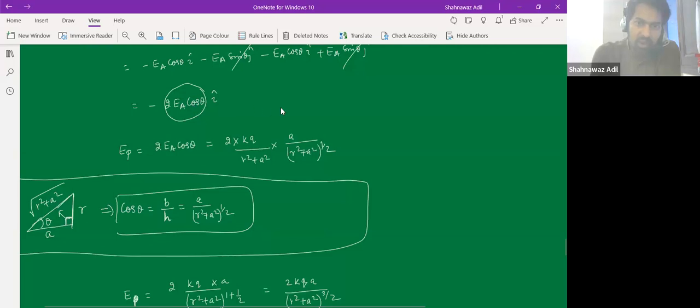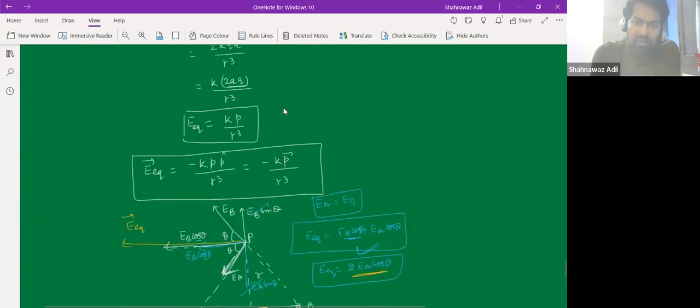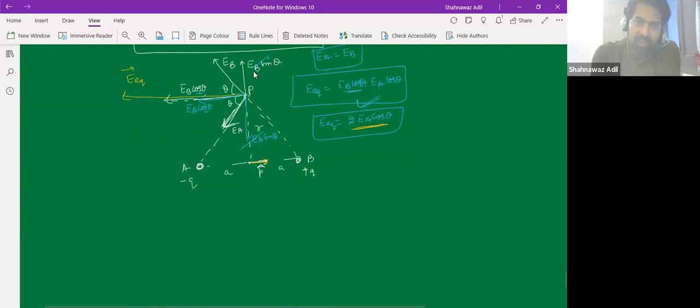But we can also directly use this one. From this diagram, we can say that this part will cancel out and only the cos components will contribute. So we can directly write this result, then write what is cos theta and solve this. So this is the direct method.